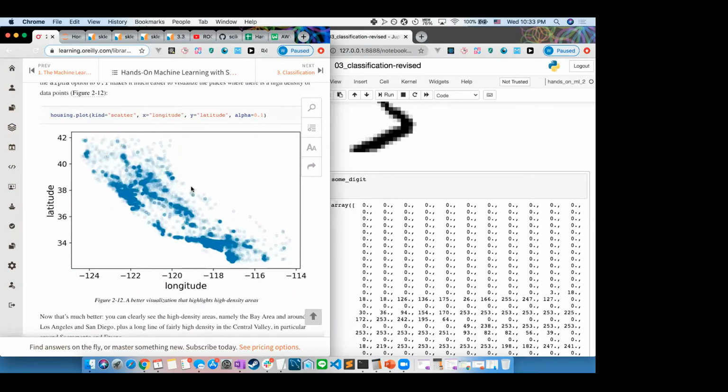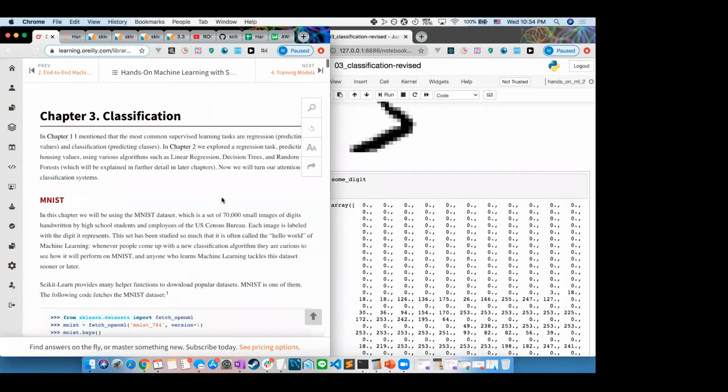So that's a very important point, because you actually don't want to do too much EDA on your entire data set, including the test data set. You should probably do as much EDA as possible only on your training set, without even observing your test set. So I just want to make that clear.